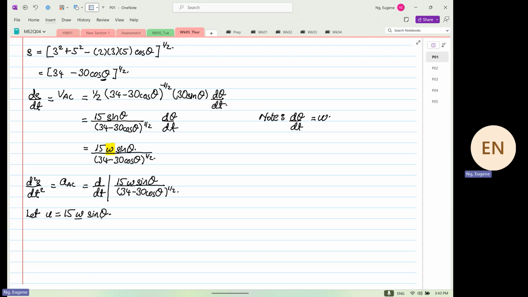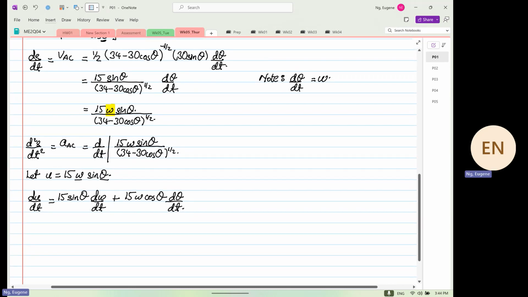Is theta a function of time? It is. So when that's the case, when you do du by dt, you have 15 sine theta d omega over dt plus 15 omega cos theta d theta over dt. Okay. So this is your u.